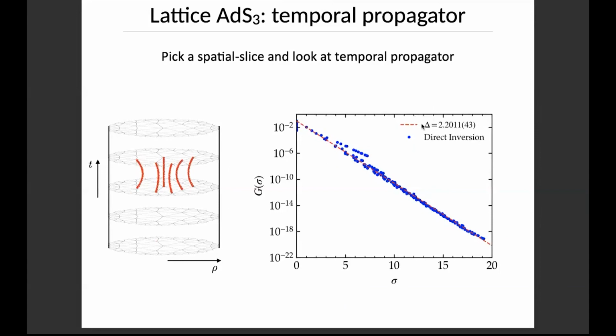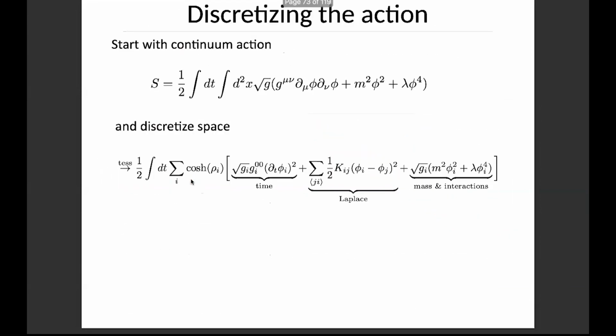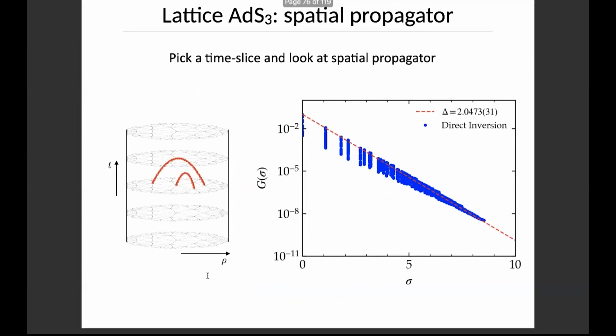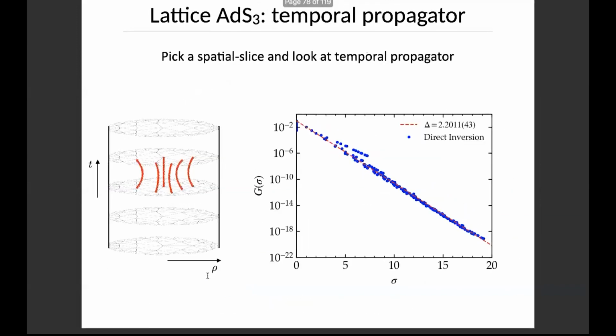So a little worse than the spatial case, but because of this cosh rho factor in the denominator right here, as you go out towards the boundary, there is a massive amount of warping of the time component. So given that there's a huge amount of warping, it's actually pretty good. I should have mentioned at first that in the time direction, we take periodic boundary conditions. It's a small aside.